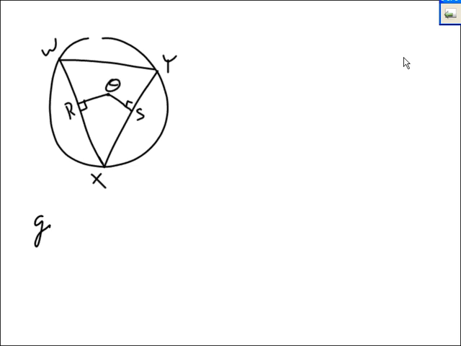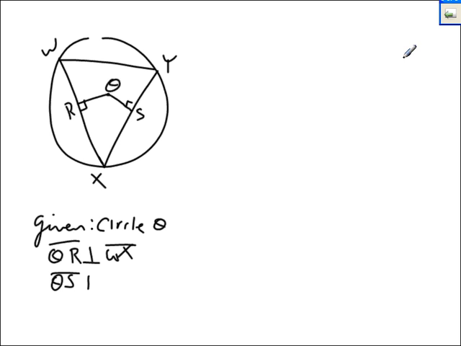So you are given some things. You are given circle O. You are given that OR is perpendicular to WX. You are given that OS is perpendicular to line segment XY.